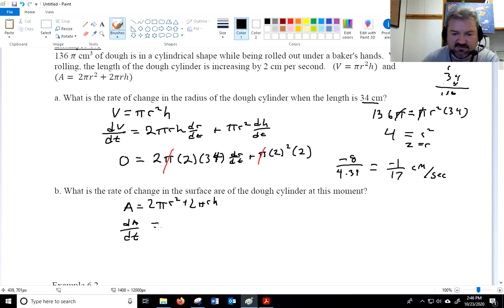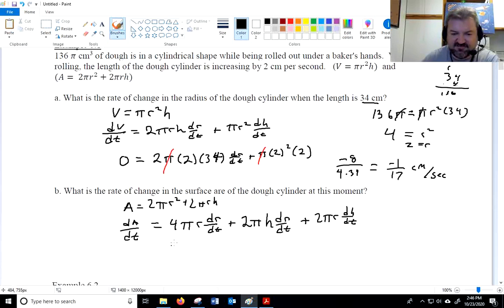dA/dt is equal to, all right, the first term gives me 4 pi r dr/dt. The second term gives me 2 pi times the derivative of r, which is dr/dt. I like to have the dr/dt at the end, so I just move it behind the h, plus 2 pi r dh/dt.